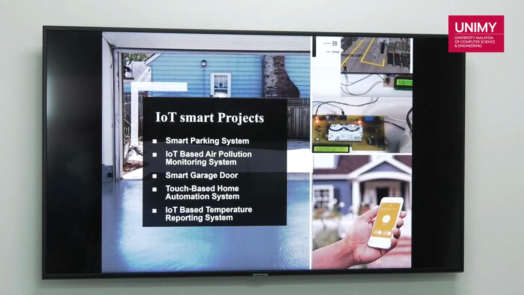Some of the IoT smart projects being worked on in the field nowadays include IoT-based temperature reporting systems, smart parking systems, and IoT-based air pollution monitoring systems.